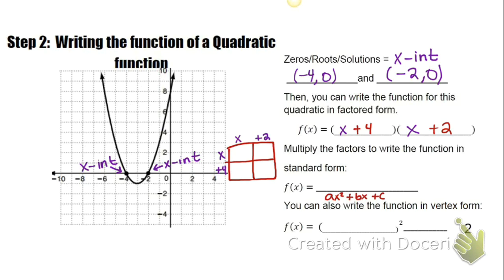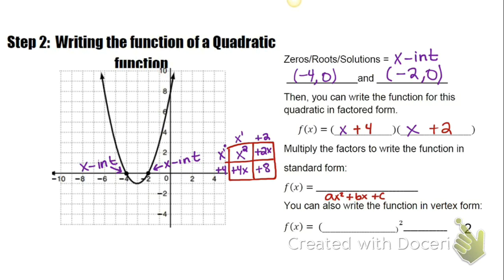Now we're going to multiply x times x. Remember that we have understood powers of 1, and when you multiply, you add the exponents. Now, just like the Punnett square, x times positive 2 is positive 2x. Positive 4 times x is positive 4x, and 4 times 2 is positive 8.